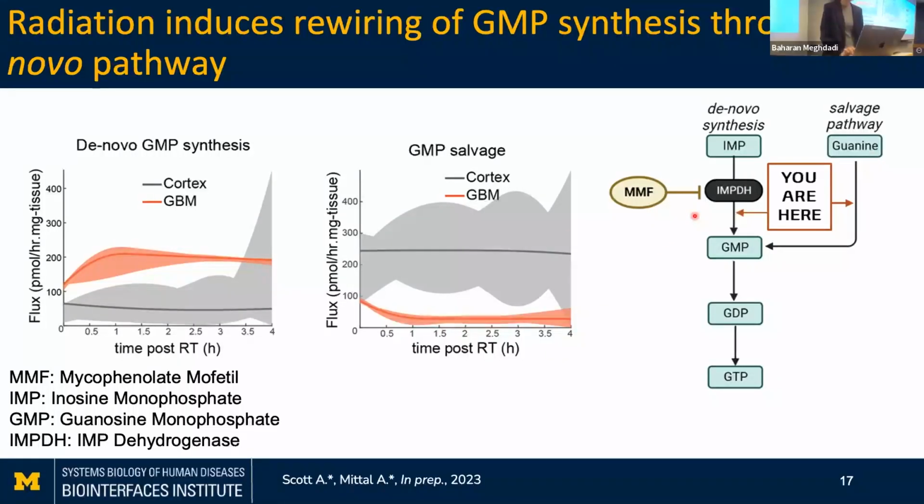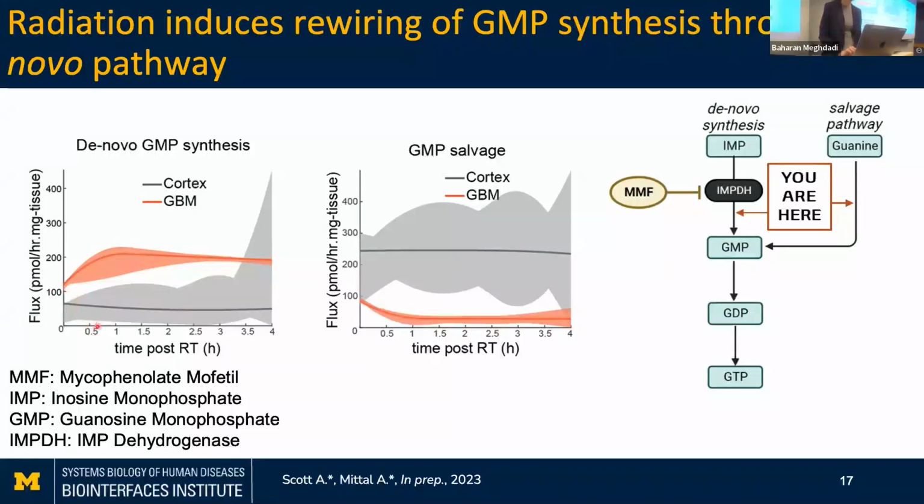So besides having a drug for this reaction, we also saw in our dynamic model analysis that when we have radiation in GBM and cortex, GBMs rewire their metabolism to rely more on the de novo GMP synthesis.